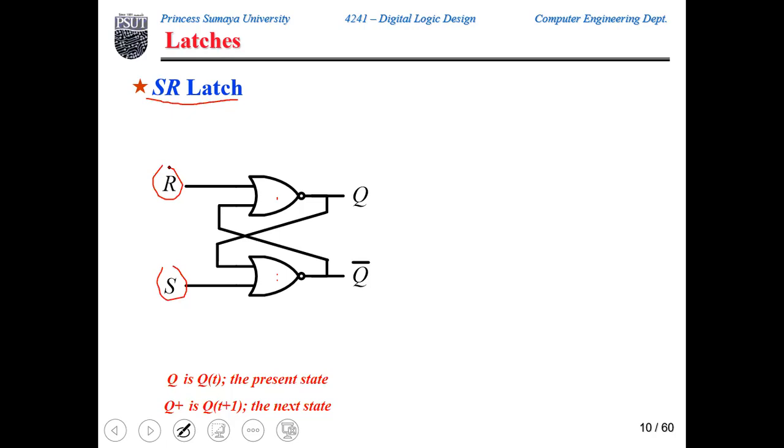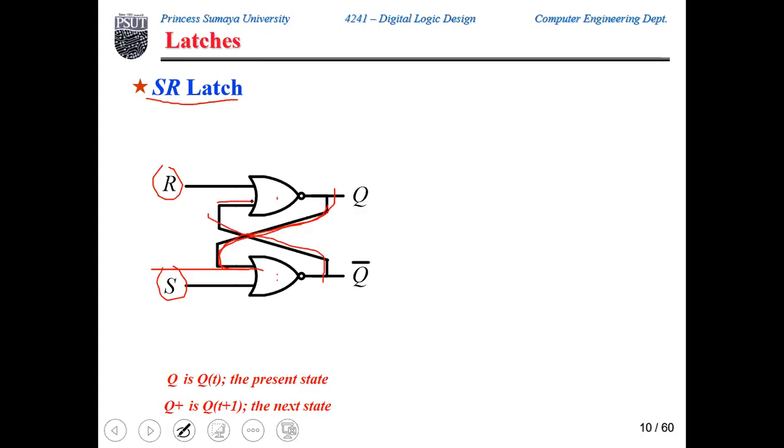If you look at the circuit, we see that the second input of the bottom NOR gate is connected with the stored value Q. Basically, it is taken from the output back to the input. The same thing, the second input of the top NOR gate is taken from the complement of the stored value back into the input.